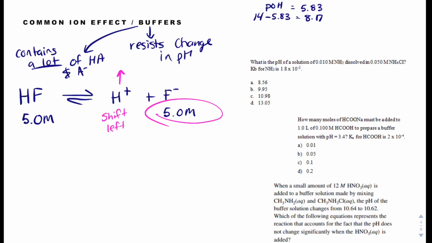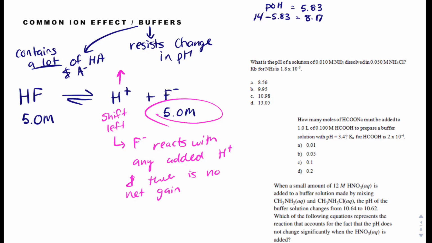So if I shift left, F minus reacts with any added H plus, and there is no net gain of H plus because I've just reacted with it, so there's none left over, and the pH stays about the same. Okay, so that's why it's important to have a lot of the conjugate base. So that's one reason.